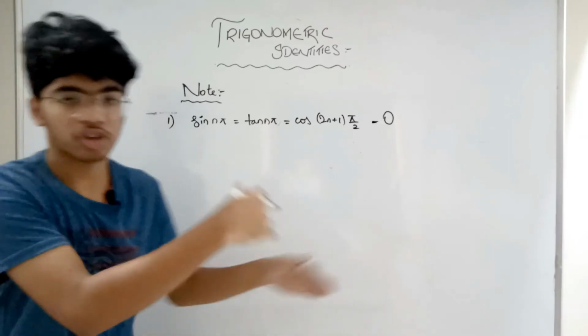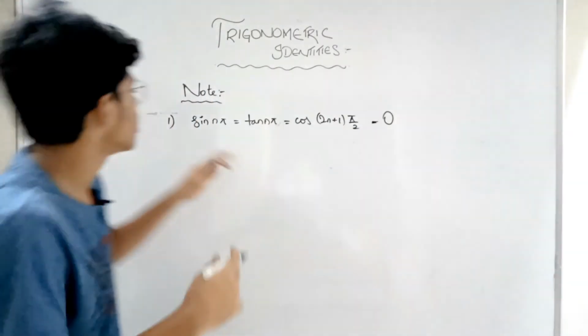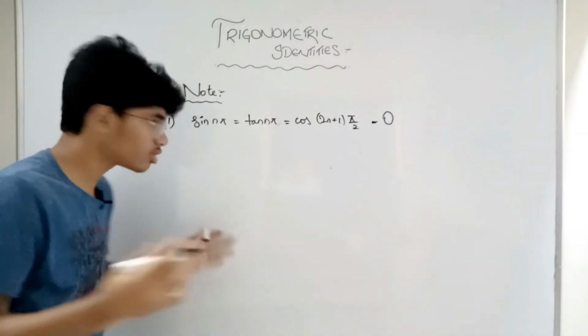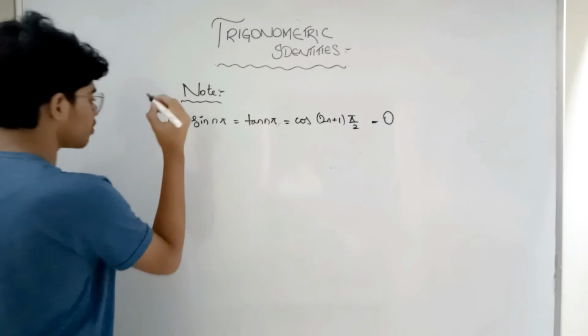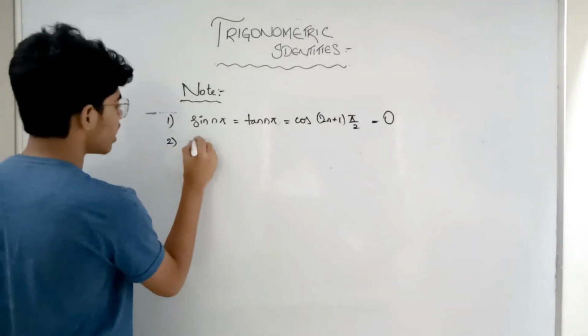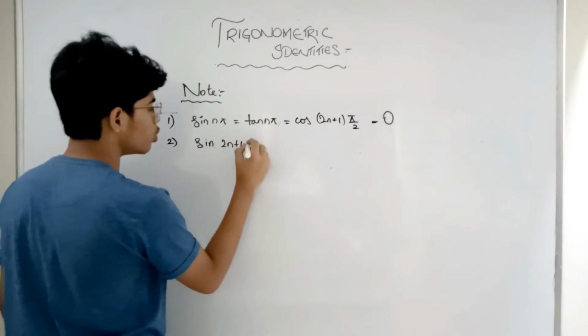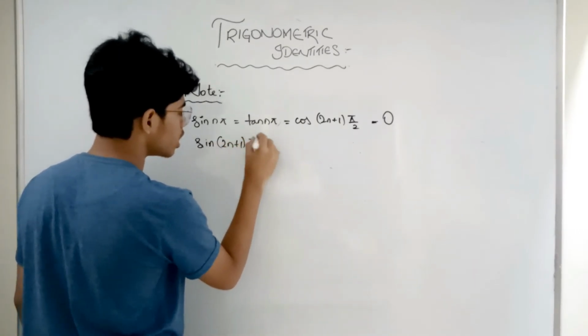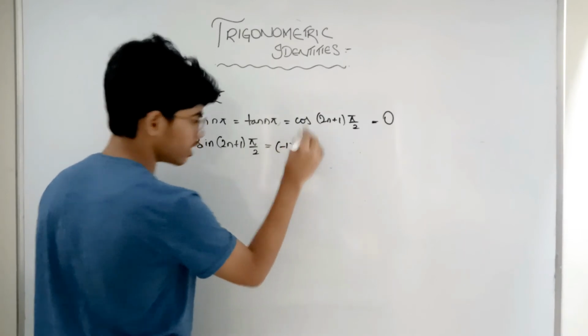It's kind of a shortcut for advanced trigonometry. When they give bigger trigonometric values, we can directly do this. Okay. And in the second note, we have sine of (2n plus 1) into pi by 2 equal to minus 1 whole power n.